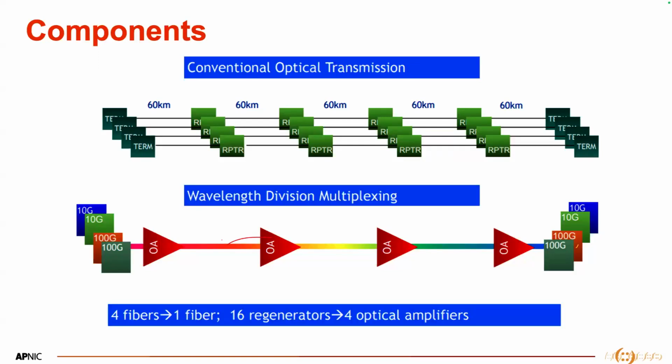Using a repeater in the path is way, way costlier than using an amplifier. So we would definitely want to reduce our cost when we design our network, because by using optical amplifiers we are going to reduce the number of fibers, the number of cards, and the complexity in our network. So it is a must that in a DWDM system you use optical amplifiers. But how many are you going to use?